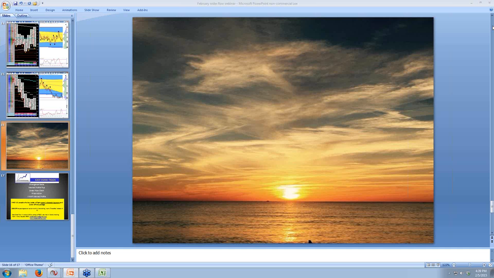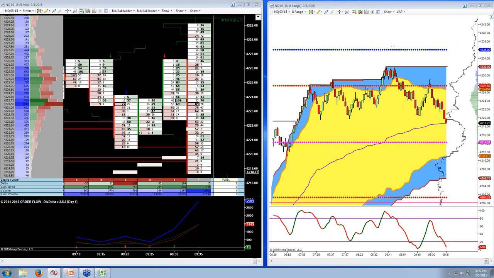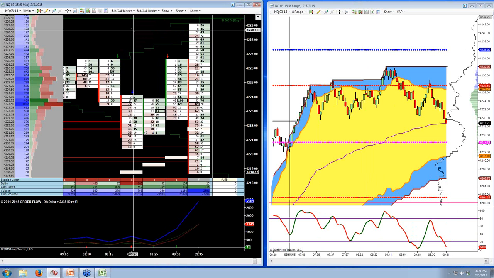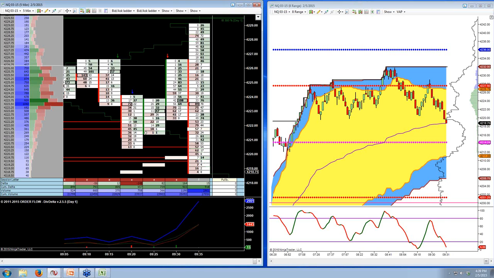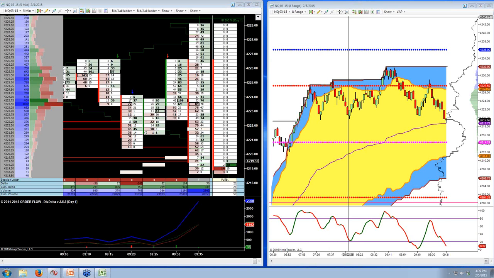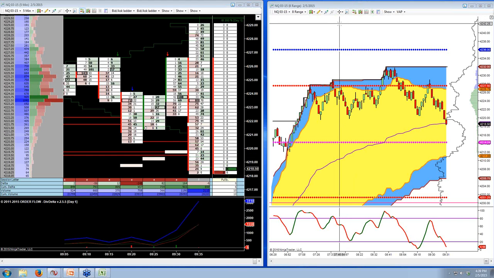Now I tried this earlier to use the chart replay while we're recording, and it worked out okay. So hopefully it'll work out this time around. So I'm going to go ahead and hit my start button on the chart replay. And while it's going on here, I'm going to tell you what you're looking at once it starts.